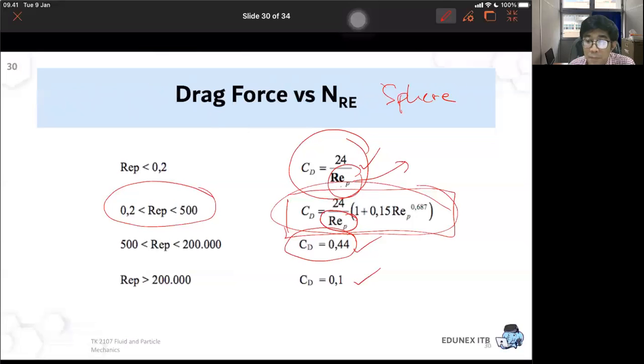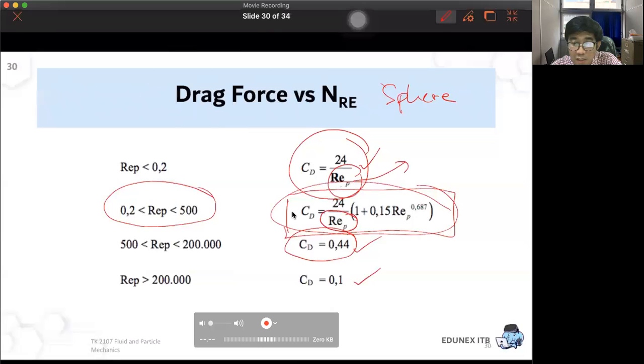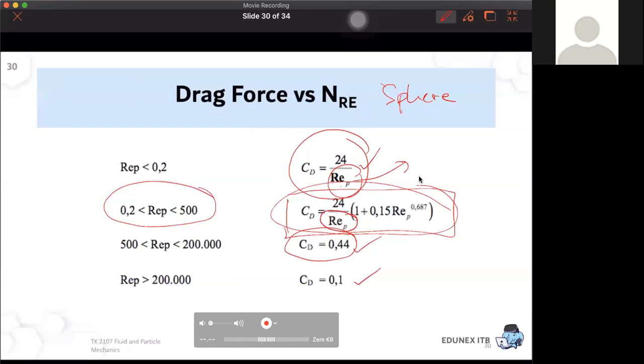Yes, but I think it's only for sphere. Okay, thank you. But sir, you can use the graph, right, instead of using the calculation? Yes, that's also possible. Can we just look at the graph? Yeah, you can use directly from the graph.